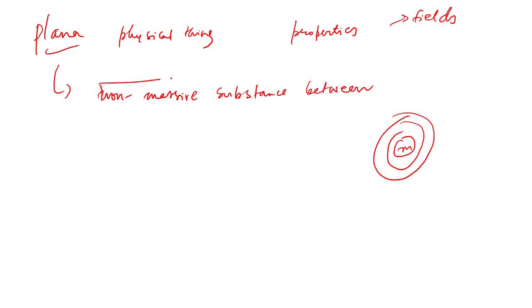It doesn't have the quality of mass. It's a non-massive substance. It's still a physical thing. Plana is still a physical thing. It exists. It is physical. It changes. Like the gravitational field is perturbing this plana, and it's a non-massive substance between massive bodies.